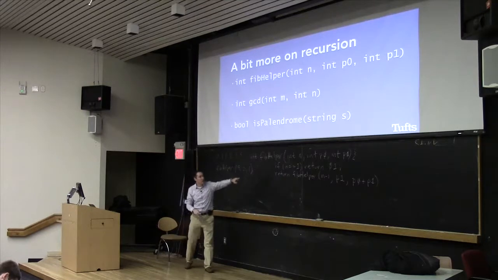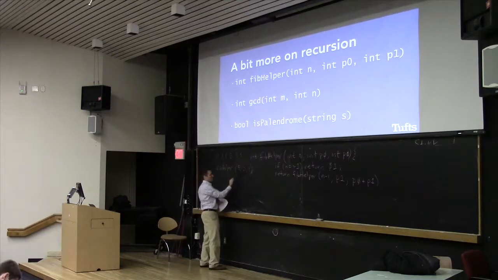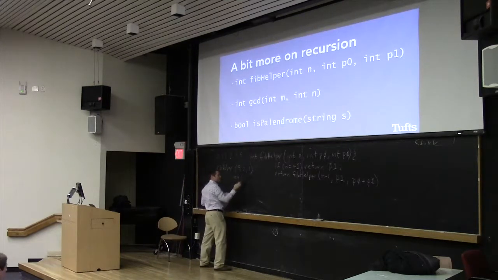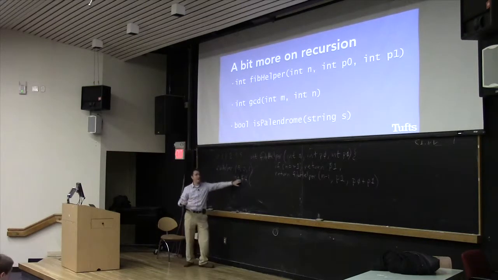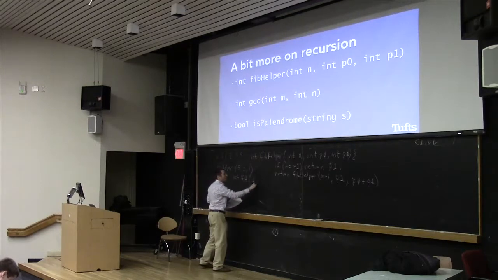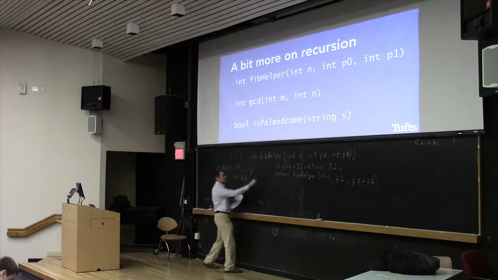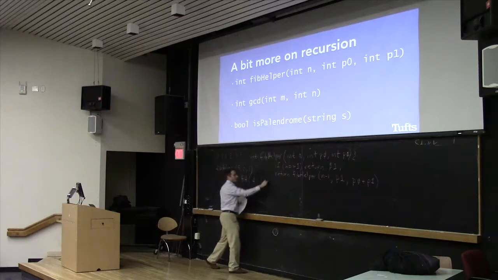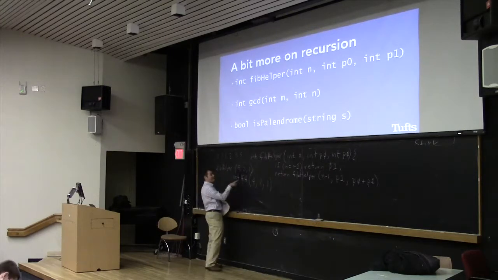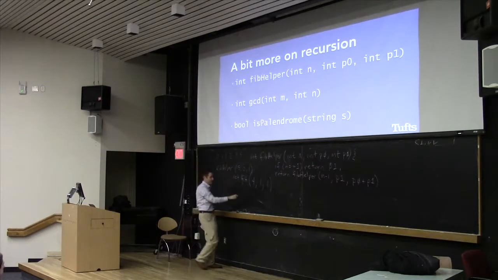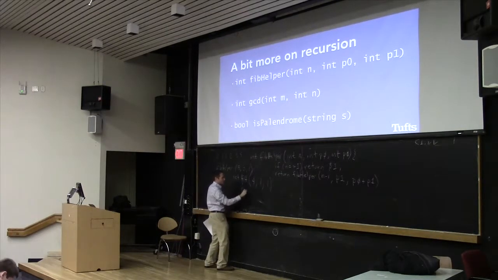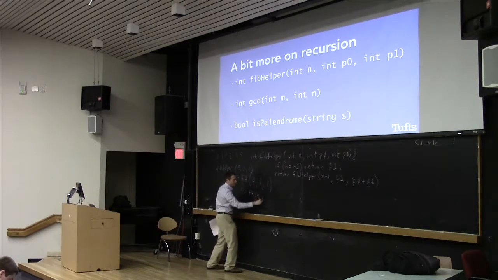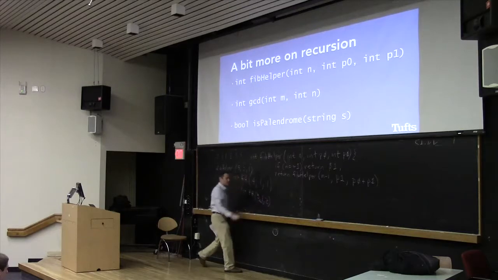This one returns fib helper, I'll abbreviate FH for fib helper of 4, and then this one plus this one, 1. Right? And then this function, when it gets to its recursion, returns fib helper of 3, and then this one plus this one, 2.